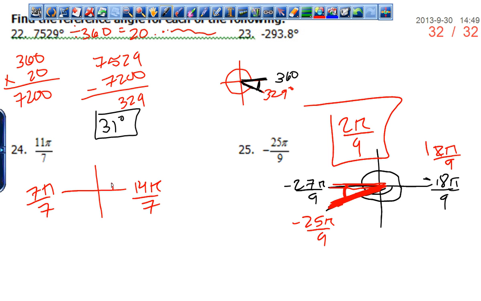So it's somewhere, well, let's see, what's halfway between 7 and 14? 3.5? So that would be 10.5 pi over 7. So that means I'm going past 10.5, right there. So that's 11 pi over 7.